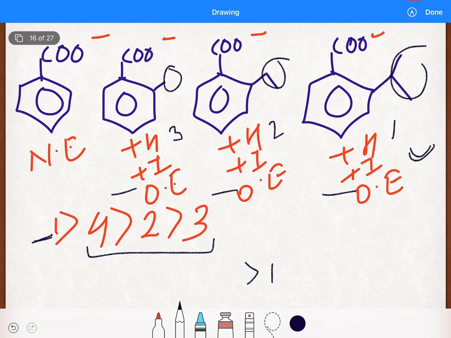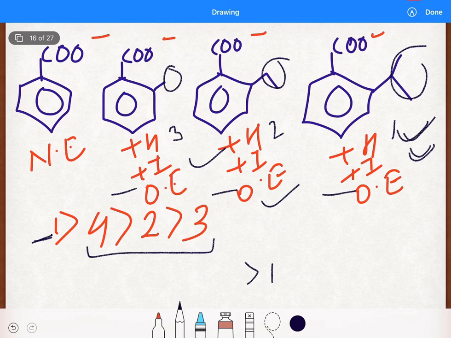Its ortho effect is more dominating than this one and this one. It will have the highest steric hindrance, meaning it will disturb the resonance of the molecule more, correct. Is it correct?